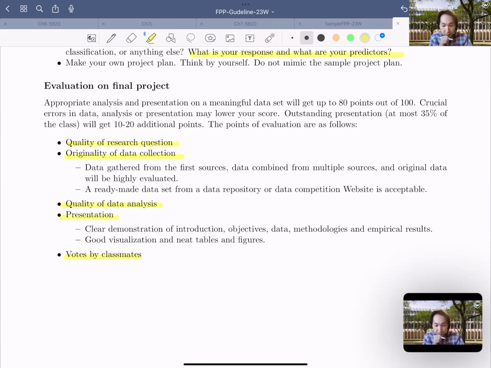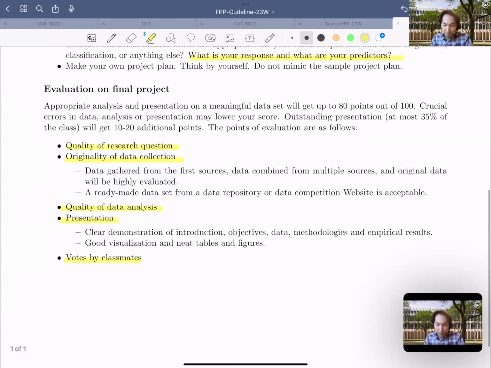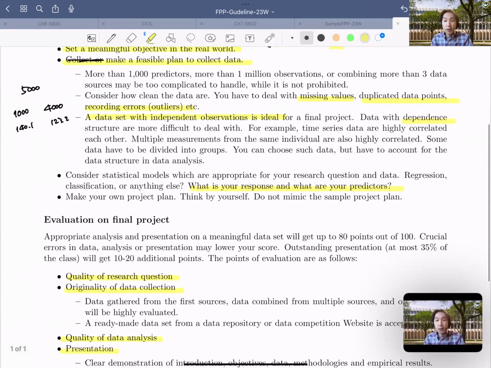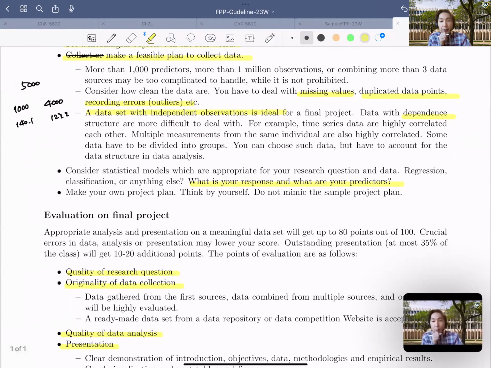I also have to mention that if you use data from a data competition, for example a Kaggle competition, then you cannot set the same objective as the competition, because the Kaggle competition has many sample codes and sample results. So you can use the data if you are interested in that data, but you have to set up your own objective.